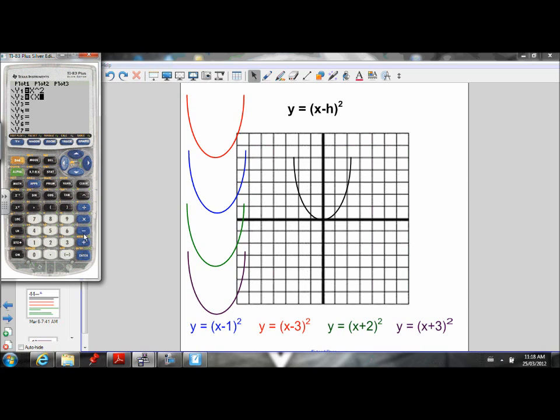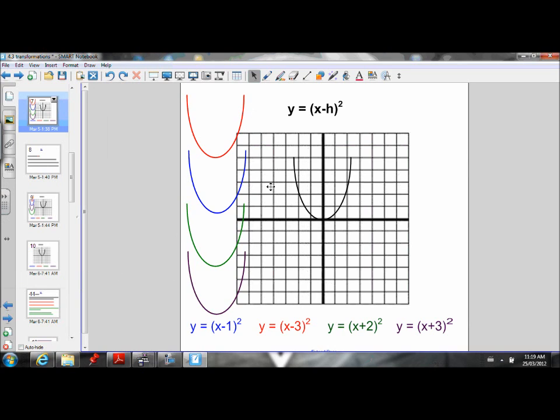So bracket x minus 1 to the exponent of 2. If we don't have our brackets, the calculator will only square the 1. It won't know to square that whole function. So we want to have the brackets in there. Okay? If we graph that, we will notice the parabola moved 1 unit to the right.